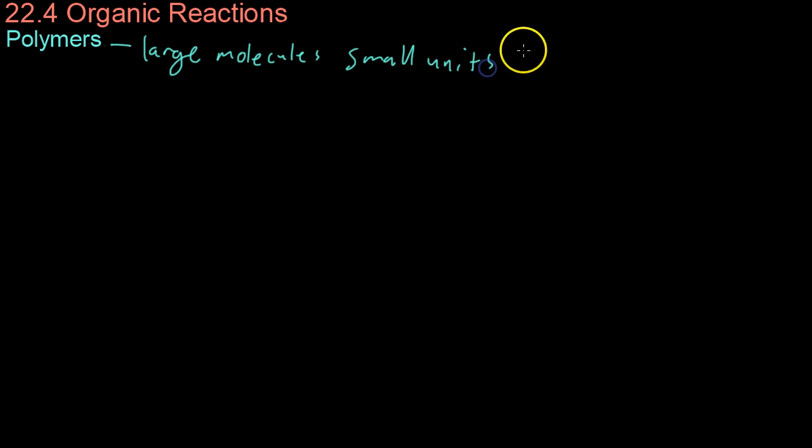Moving on now, we're going to be discussing polymers, which are basically just large molecules made up of small units joined by organic reactions. Polymers are all organic compounds, and these small units have a special name.